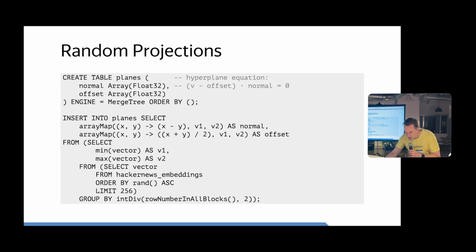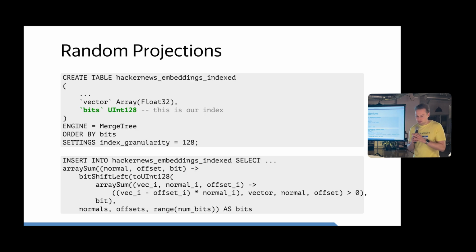So in this case, we have normals, offsets, and we select from a table and calculate this. First of all, we have to calculate random normals from our data, and we do this, and we use 256 data points and insert 128 hyperplanes.